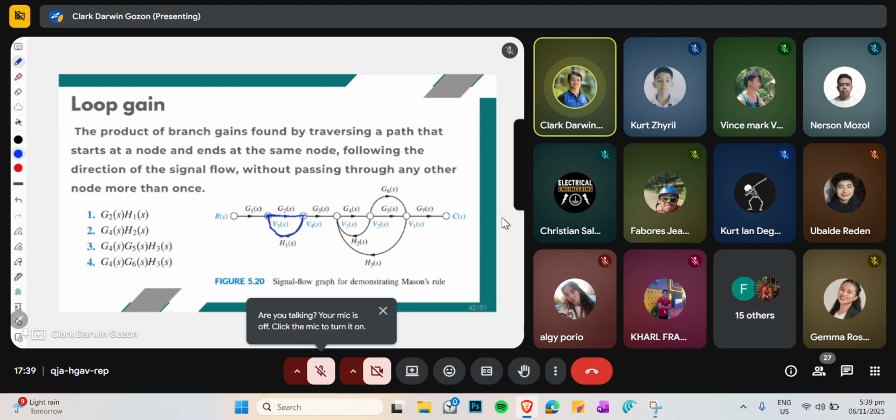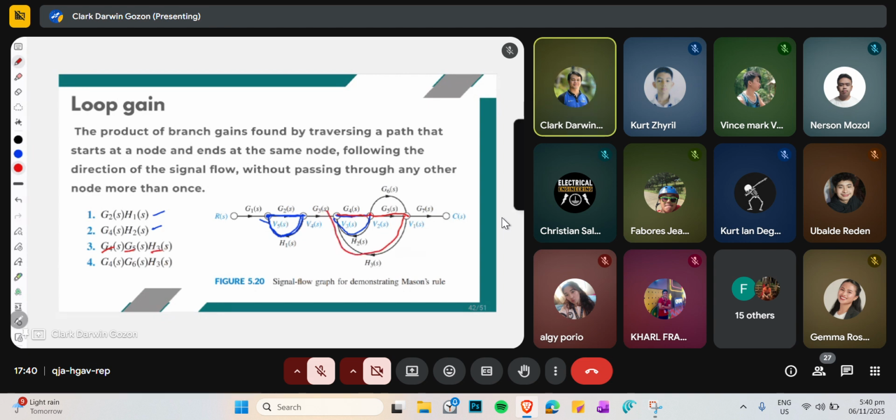So, if you look at here, we have G2 H1, we have also G4 H2, then we have G4 G5 H3, and G4 G6 H3 nibalik diri. These are the loop gains in this example. Nagets na?